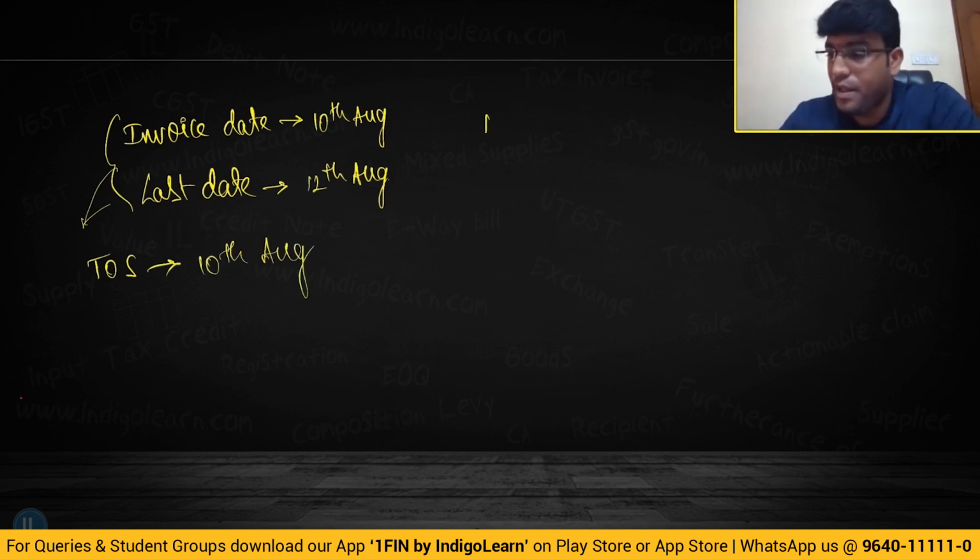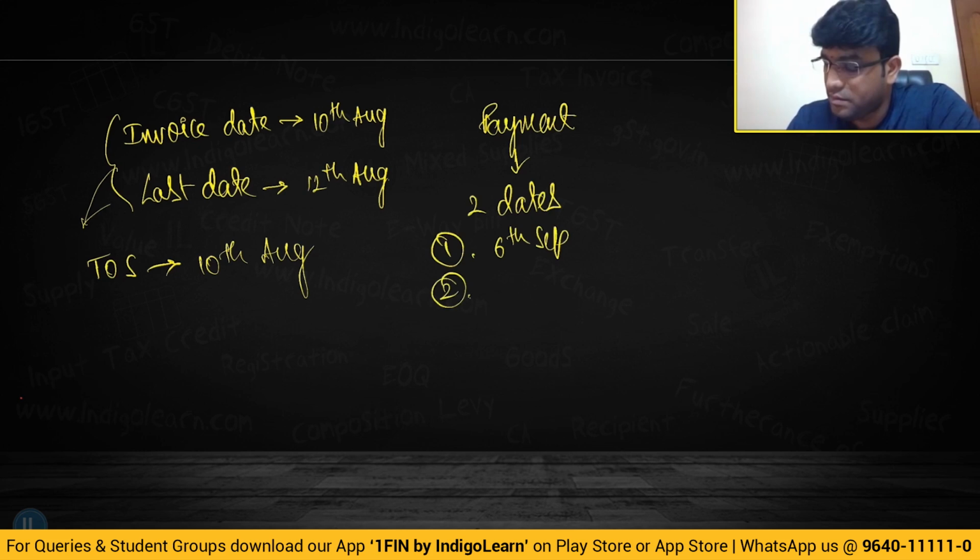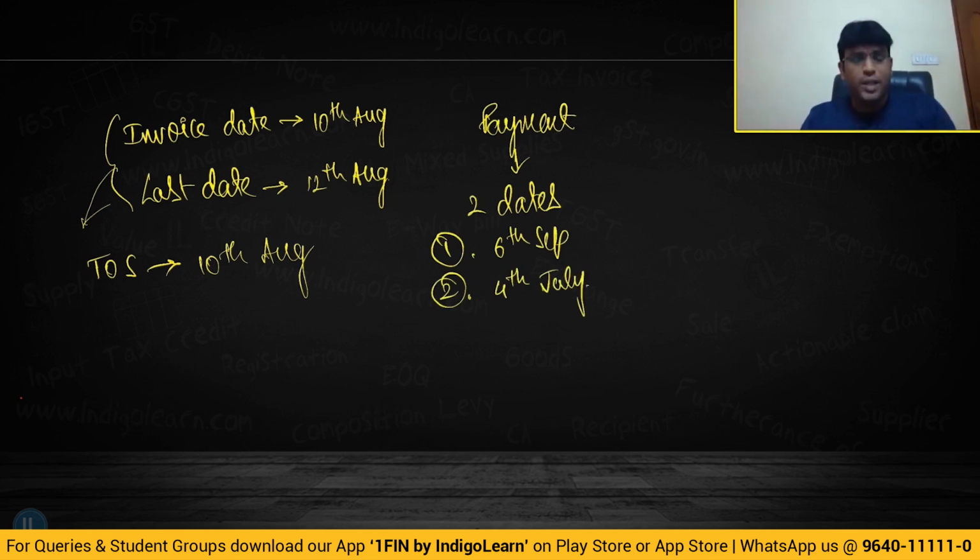Obviously 10th August. Now let's say payment came on 2 dates. First payment came on 6th September. Second payment came on 4th July.